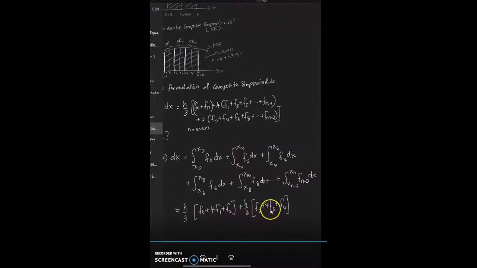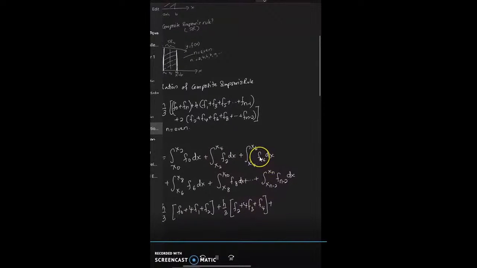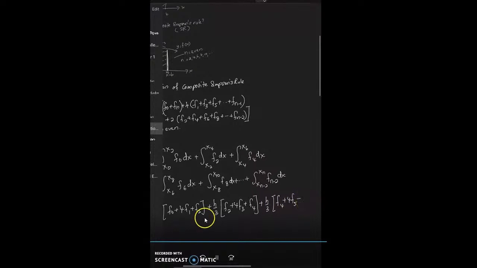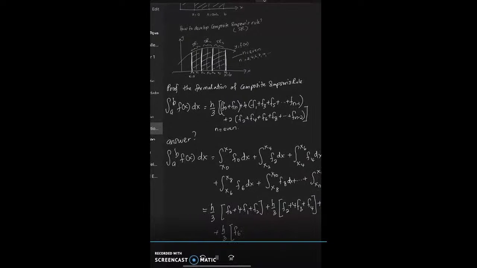And then plus h divided by 3, f4 plus 4 f5 plus f6. I hope you can do it like this when you want to compare with the formula of the composite Simpson's rule.